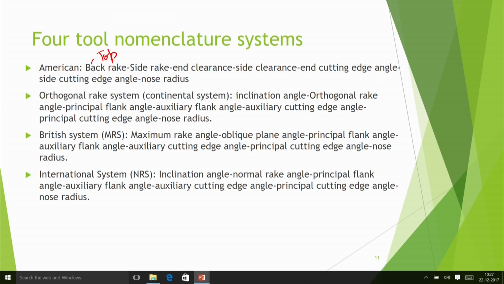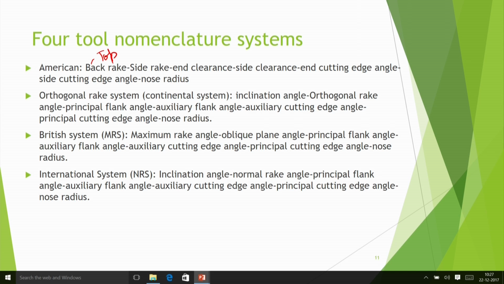Then there will be one particular slope that will be having maximum slope of that surface. So in that plane we find out maximum rake angle. Suppose side rake angle is 5 degree, top rake angle is 10 degree, then maximum rake angle will be something maybe in between 5 and 10.